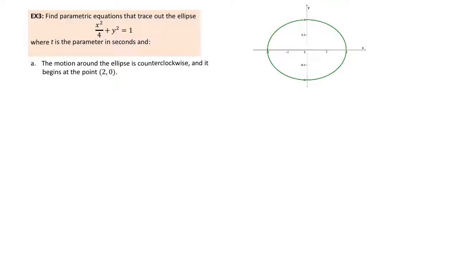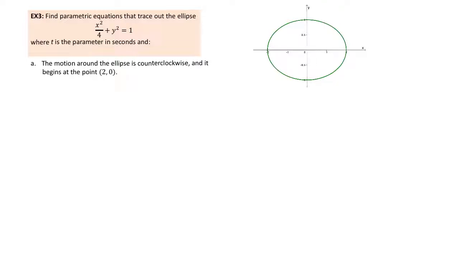Now that we know how to parameterize an ellipse that is centered at the origin or centered at any other point on the xy plane, I think that we're ready to tackle example 3. Example 3 is asking us to find parametric equations that trace out this ellipse. Here is its graph, where t is the parameter in seconds.